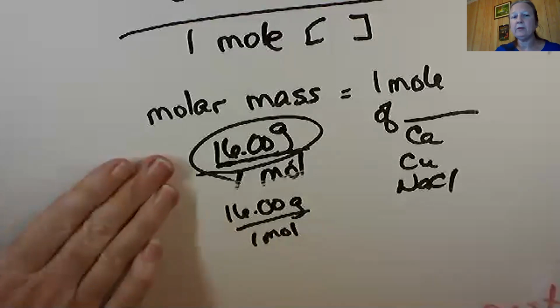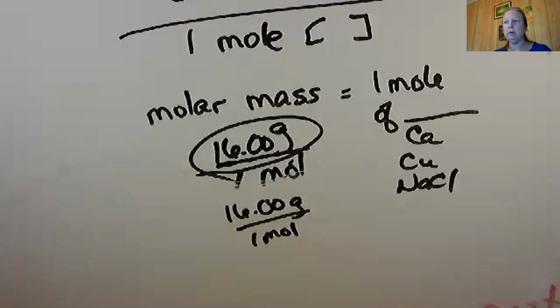So the masses on the periodic table we use on a regular basis as grams per mole, because we are saying that number equals the number of grams in 1 mole of that element, molecule, compound, ion, it doesn't matter.